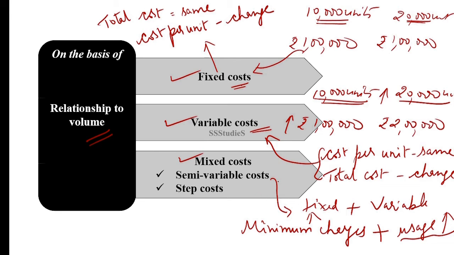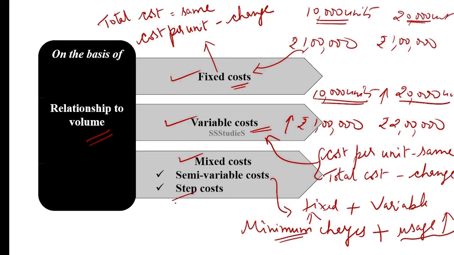So semi-variable costs have two components: one portion is fixed and the other portion is variable. The minimum amount that has to be spent is the fixed portion of the semi-variable cost. Over and above that, whatever has to be spent depending upon usage is the variable portion of the cost. That's why it is called semi-variable cost.